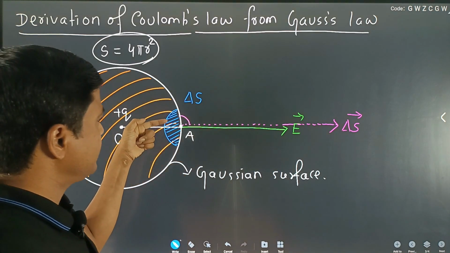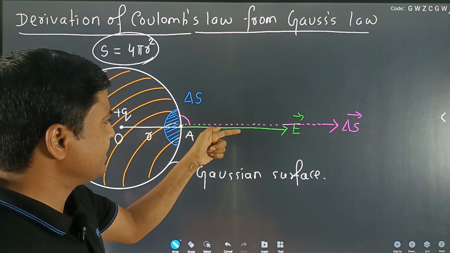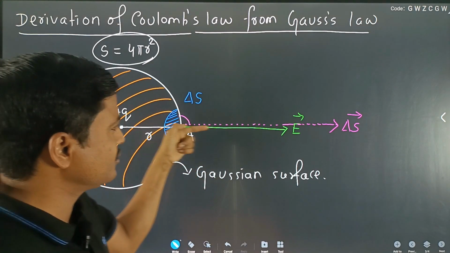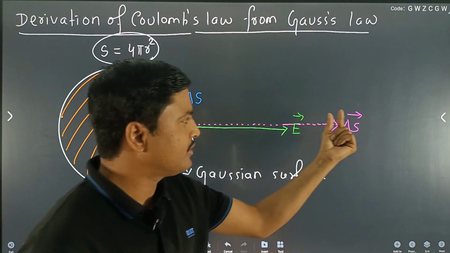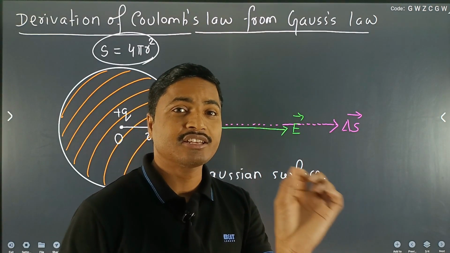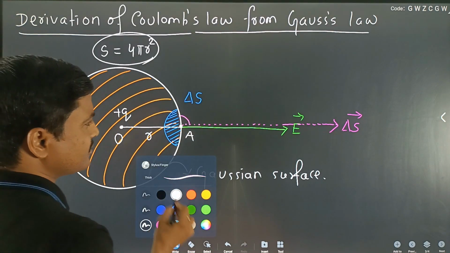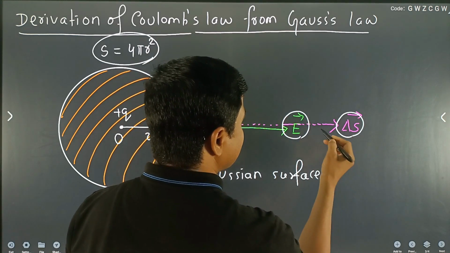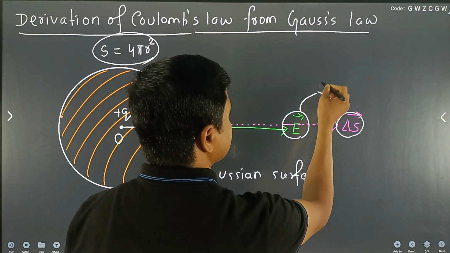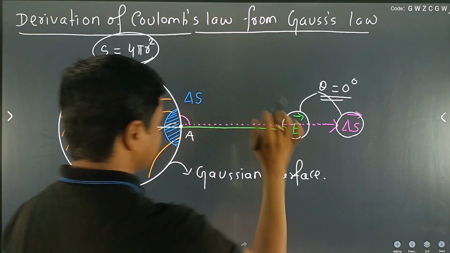Here the area vector is an outward normal, and the electric field at point A is also in the outward direction, so both electric field and area vector are in the same direction, parallel to each other. Then the angle theta between E vector and del S vector is equal to 0 degree in this case.